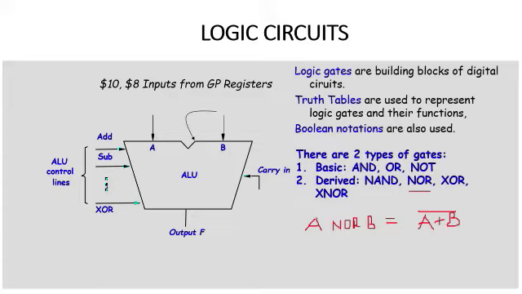So you have A XOR B, exclusive, with a single bar.